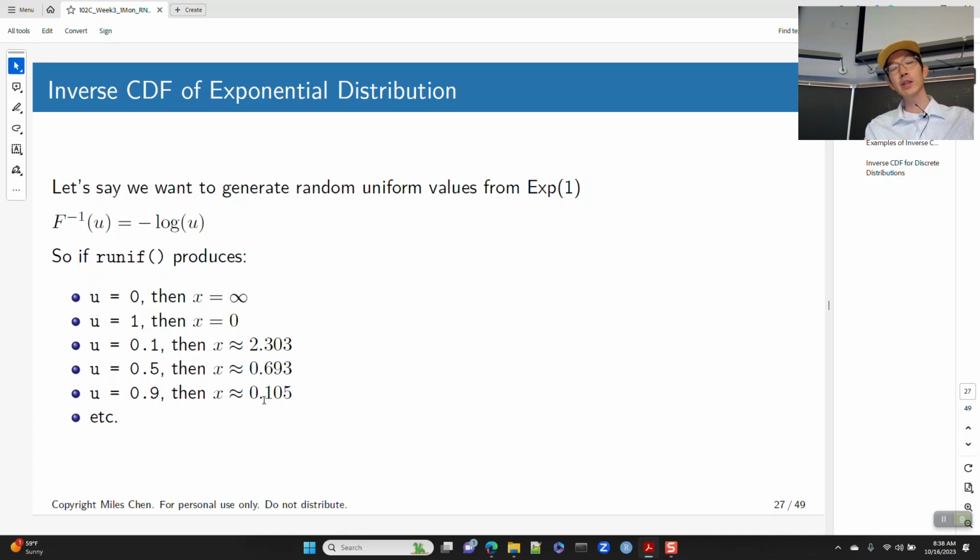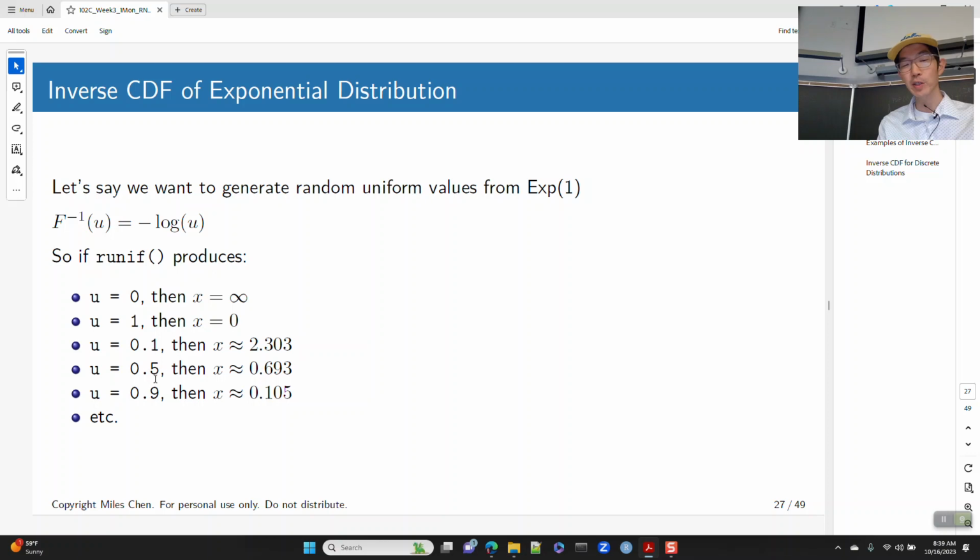So we can see that values closer to 0 show up a lot more frequently, and values farther from 0 show up with less frequency. There's equal probability going from 0.1 to 0.5 as from 0.5 to 0.9, right?